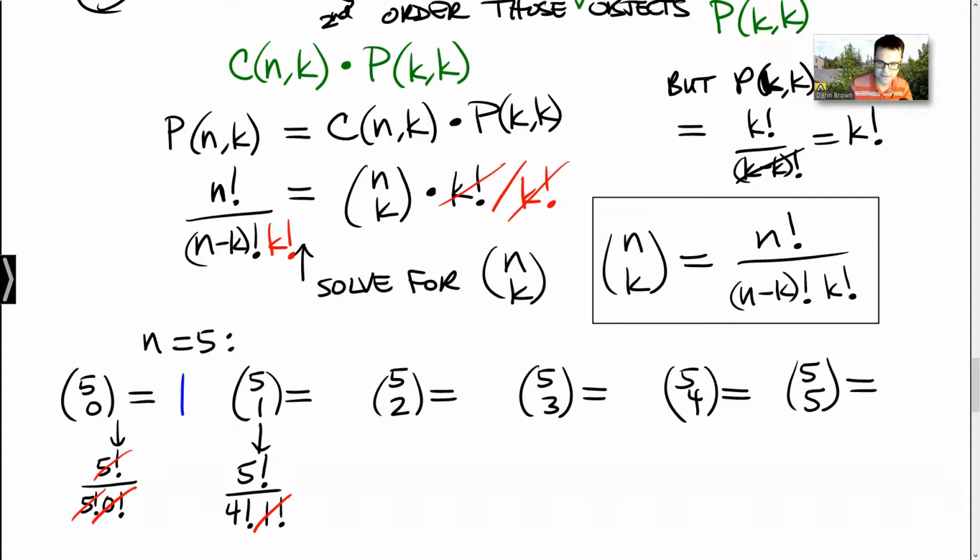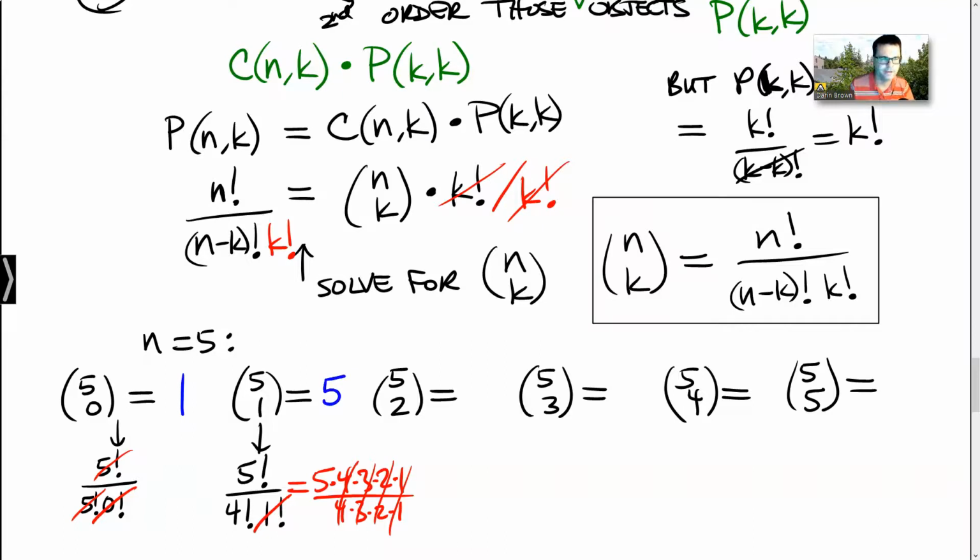So this is just 5. It's really 5, 4, 3, 2, 1 over 4, 3, 2, 1, and then these end up canceling.